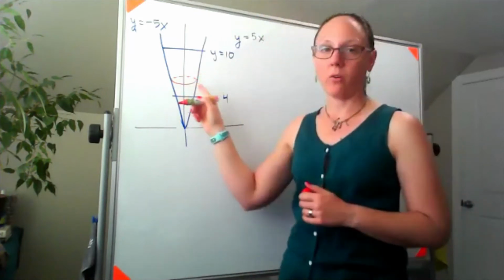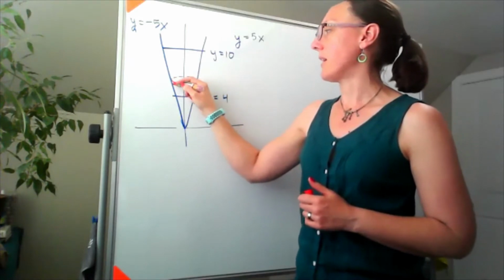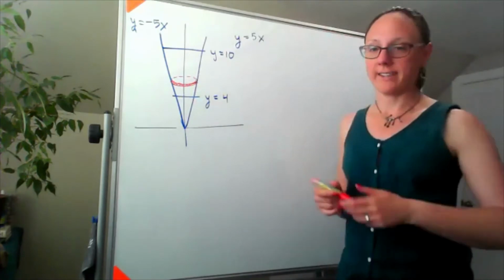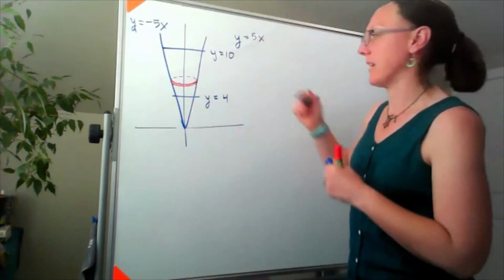If I think about this arbitrary cross section that I might select, I know that its volume is going to look like the area of the circle times the thickness of dy.